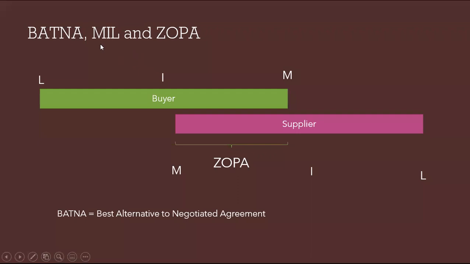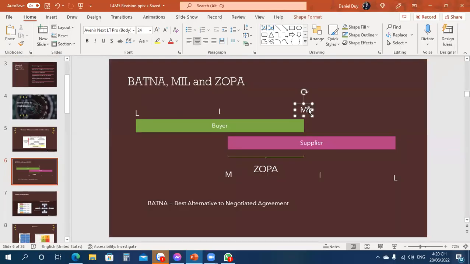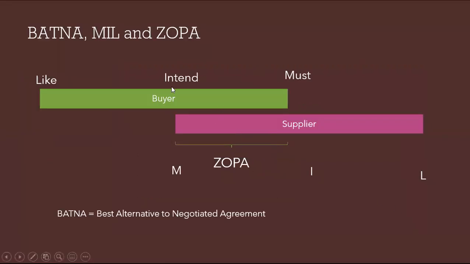Another abbreviation here is MIL. This is the acronym for must, intend, and like.